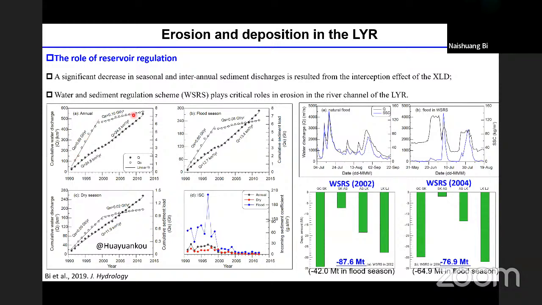It clearly shows these two stages. This is for the dry season, and we also calculated the incoming sediment coefficient, which is the suspended sediment concentration over the water discharge. You can also see clearly the decrease in this incoming sediment coefficient.